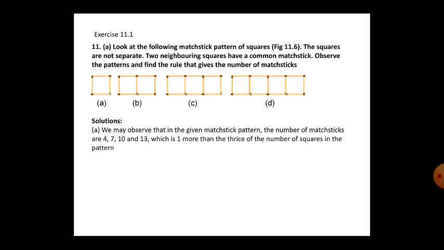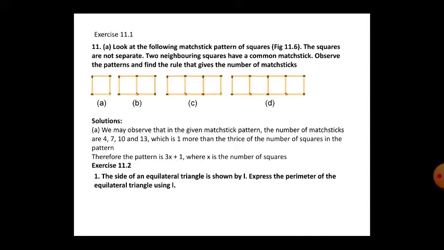I already told you one is common for both. So the pattern is 3x plus 1, because 1 is more, so plus 1 you have to write. 3 is the difference, so 3x plus 1 is the pattern.